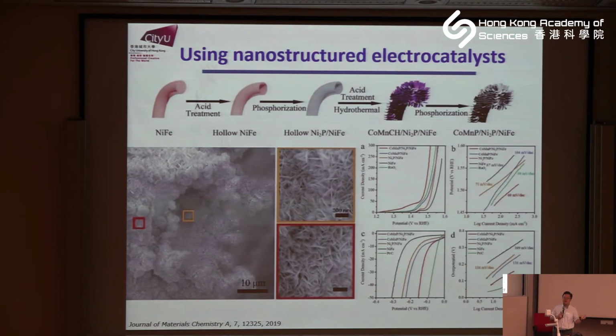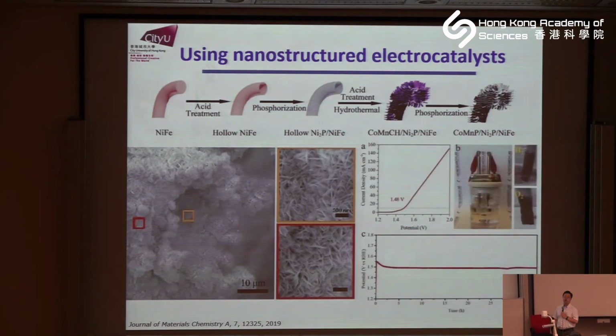So right now in the industry, for hydrogen generation, we need to use platinum. For oxygen generation, we need to use ruthenium oxide. And for our development, we don't need to use these two. We use only one nanomaterial to replace both. And then what we can do is just use a simple 1.5 volt battery, and I can already generate water splitting.